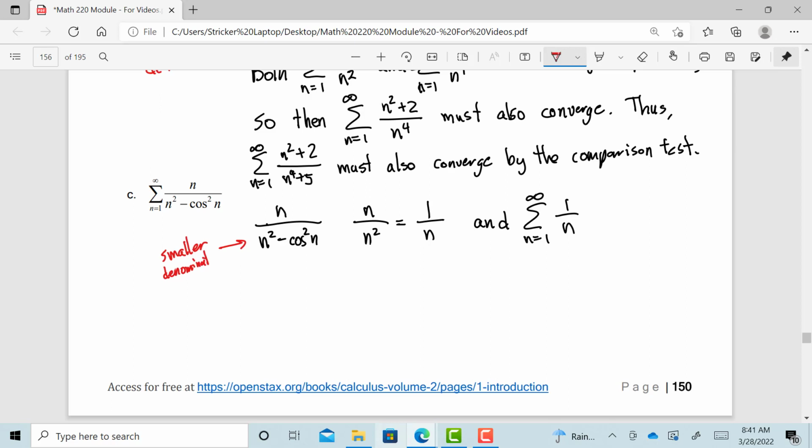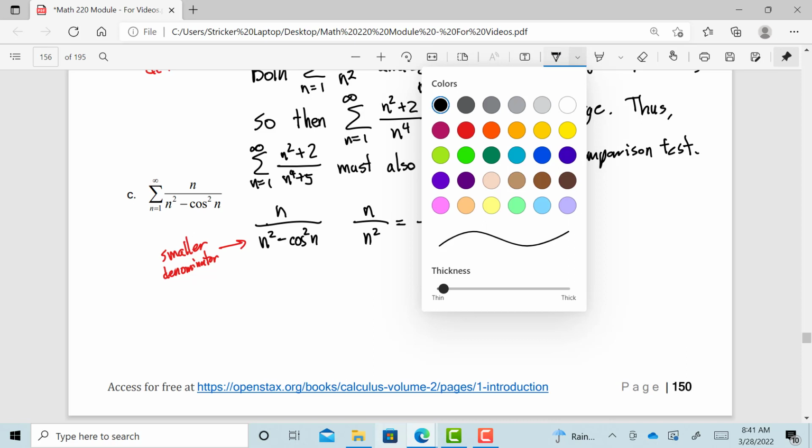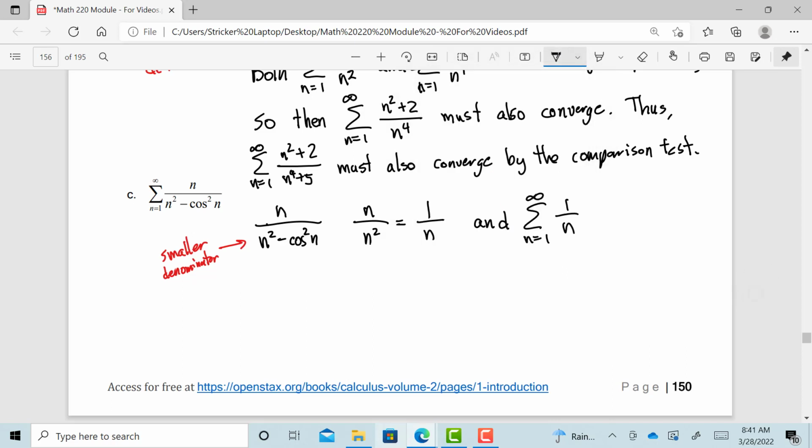If it's a smaller denominator, what does that mean about what we have on the left? If we're dividing by something smaller, that means it's going to be something bigger. And I'm going to add an equal to here because it could be equal to, because cosine can be 0 as well. So if cosine is 0, then those two can be equal. But it doesn't have to be just greater than.